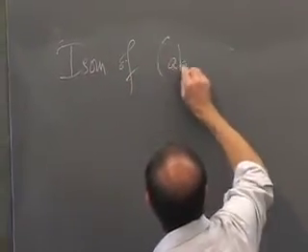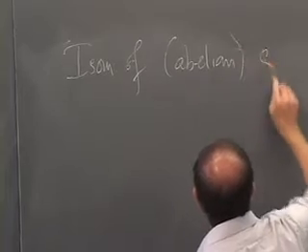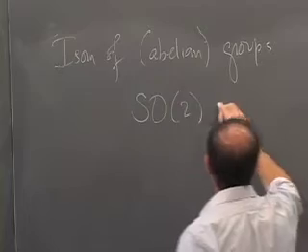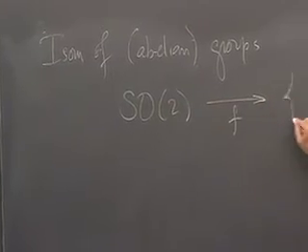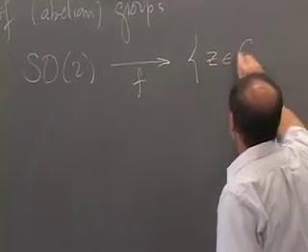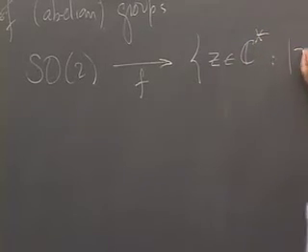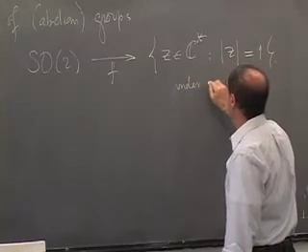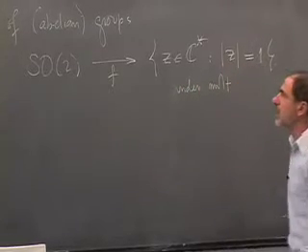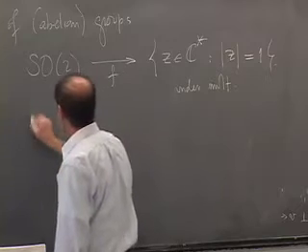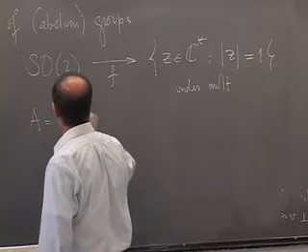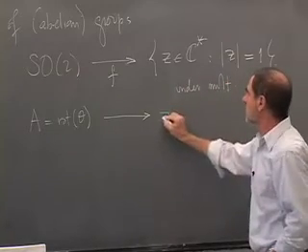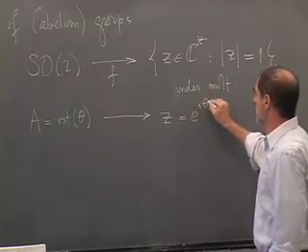It turns out abelian groups between SO2, I'm going to call it F, and the set of z in the complex numbers such that the absolute value of z is equal to 1 under multiplication of complex numbers, that takes a transformation here, A, which is the rotation through the angle theta, and it takes it to the corresponding complex number on the unit circle, z is equal to e to the I theta.